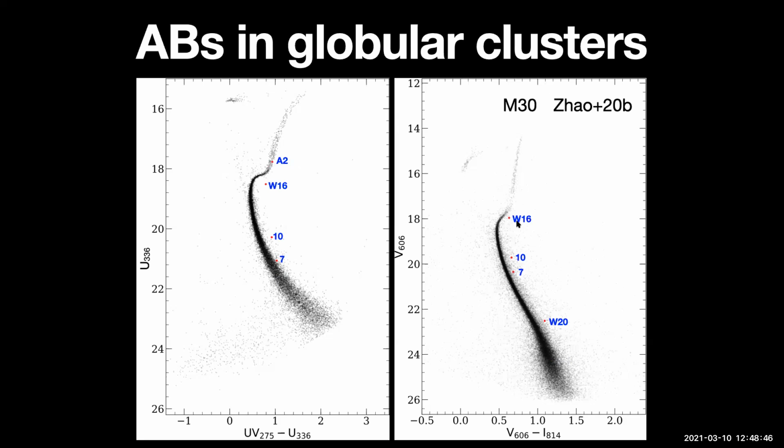And also W16 here is in a very unique, I would say very abnormal, locus on the CMD because it's not predicted by single stellar evolution theory. This position is known as the sub-subgiant branch. Sub-subgiant branch stars are basically a locus below the subgiant branch, but redder than the main sequence.